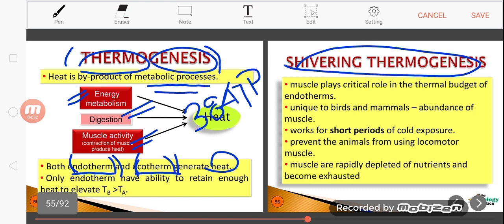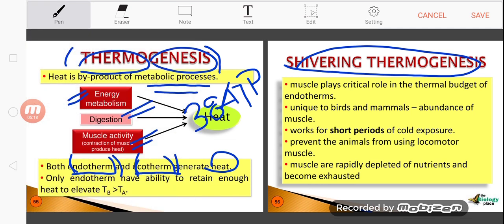Animals that have an abundance of muscle, like birds and mammals, can use this muscle to produce heat during cold exposure, and it works for short periods of time.